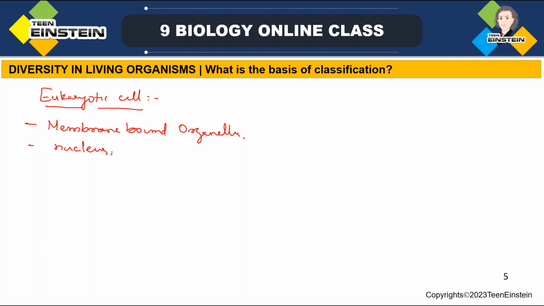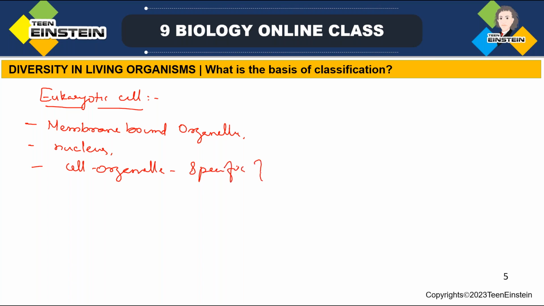That membrane allows the cellular process to be carried out in an isolated area. All the membrane bound organelles are there in the eukaryotic cell, so each cell organelle has a specific function.